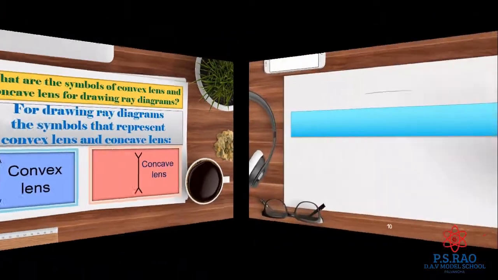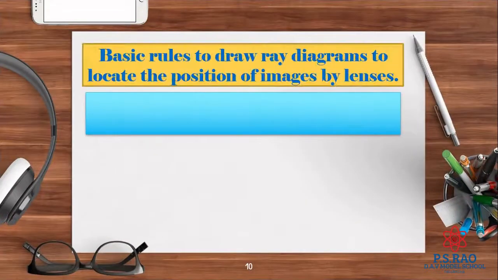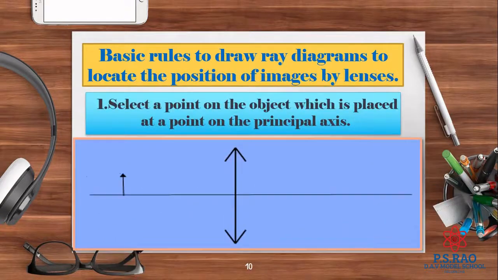Now, basic rules to draw ray diagrams to locate the position of images by lenses. Point number 1. First, select a point on the object which is placed at a point on the principal axis.